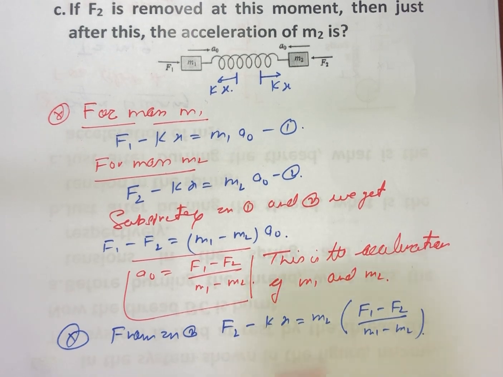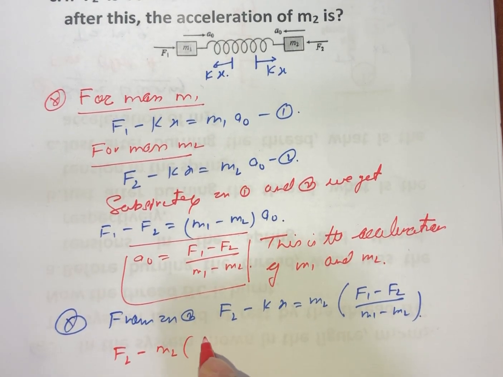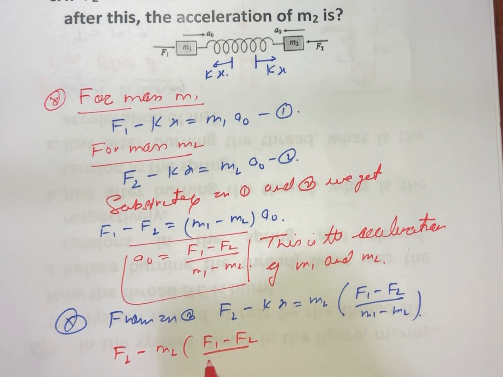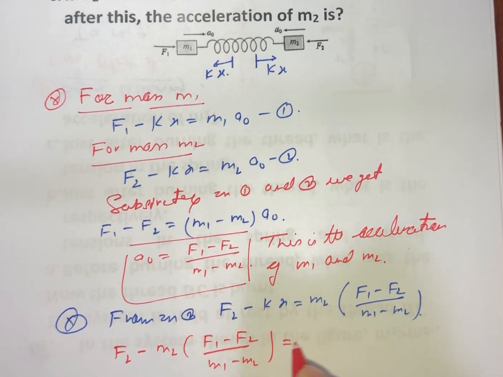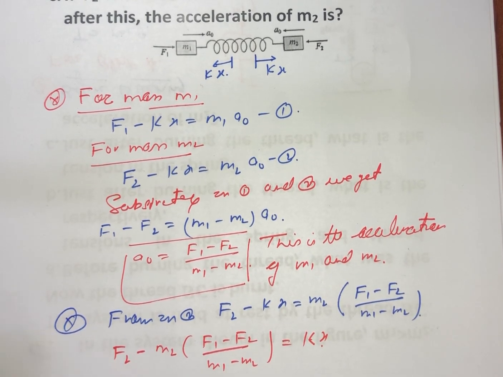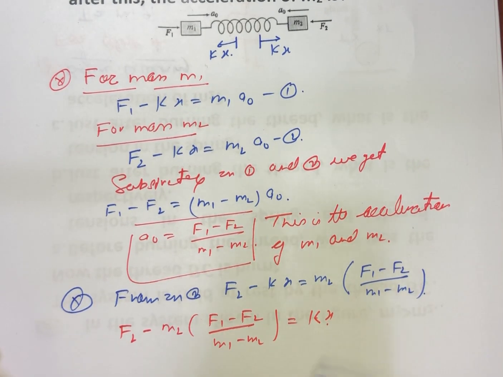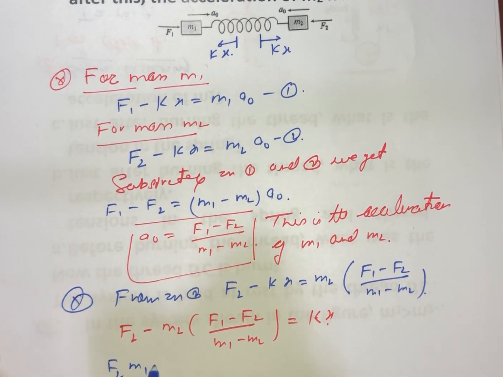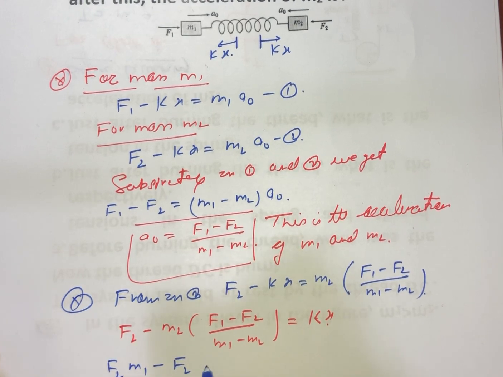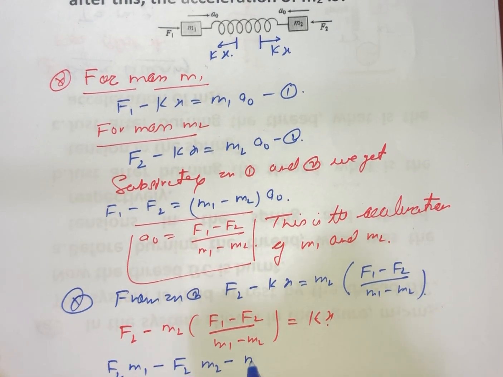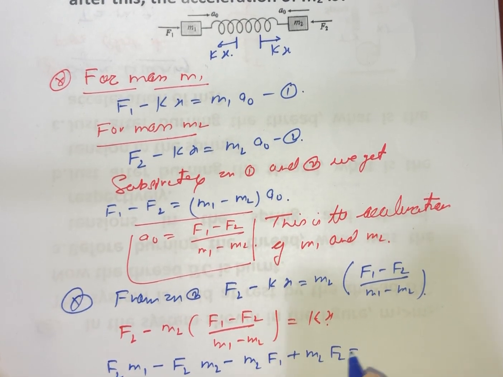And here we can write this as F2 minus m2 (F1 minus F2) divided by (m1 minus m2) is equal to kx. Taking LCM, we get F2 m1 minus F2 m2 minus m2 F1 plus m2 F2 is equal to kx.